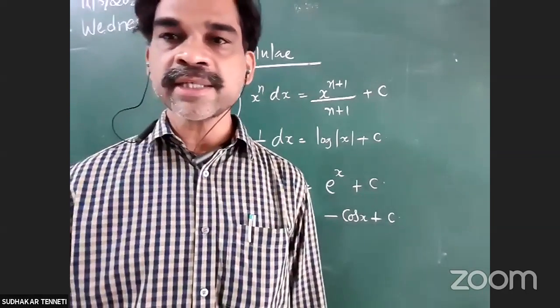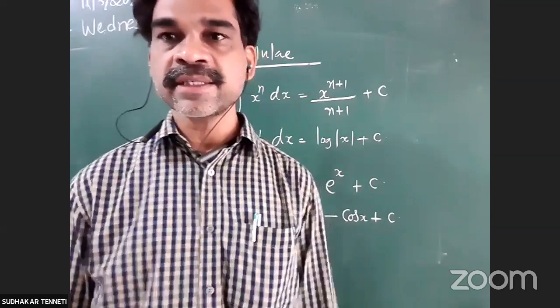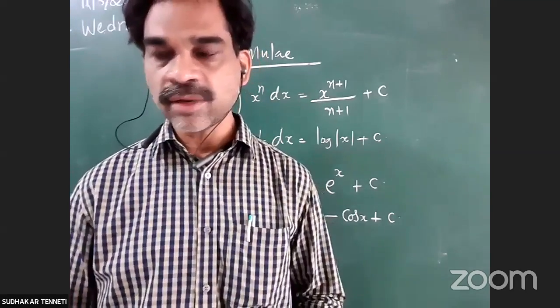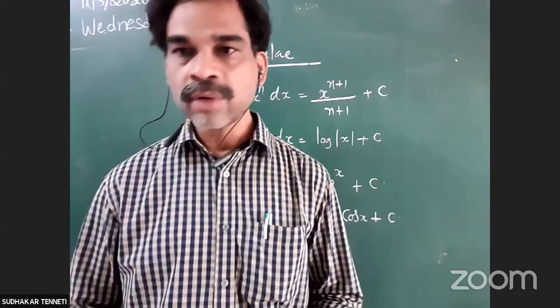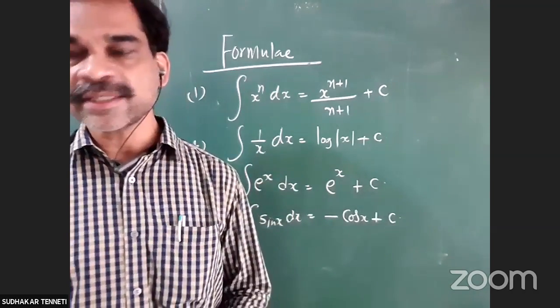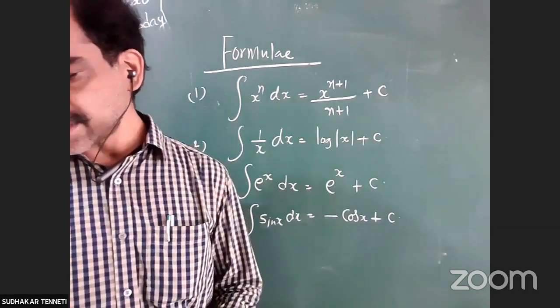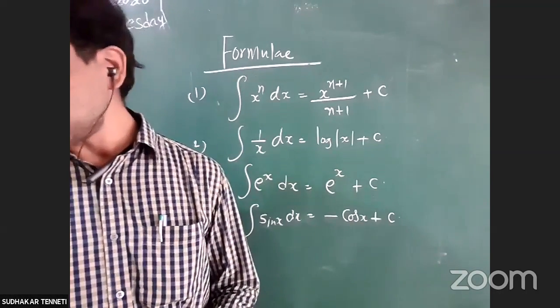Integral of cos x dx is equal to sin x plus c, and integral of secant square x dx is equal to tan x plus c. Already you know. Integral of cosec square x dx is equal to minus cot x plus c. Integral of secant x tan x dx is equal to secant x plus c. Integral of cosecant x cot x dx is equal to minus cosec x plus c.